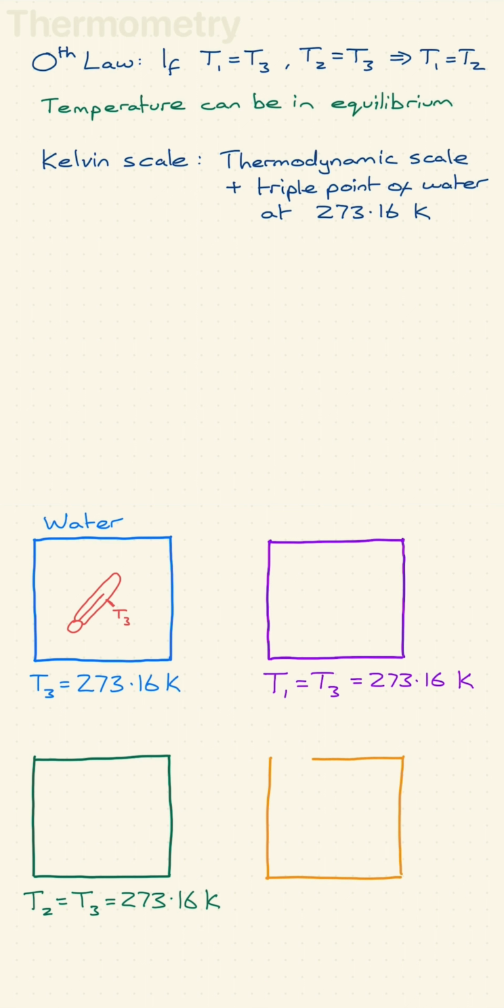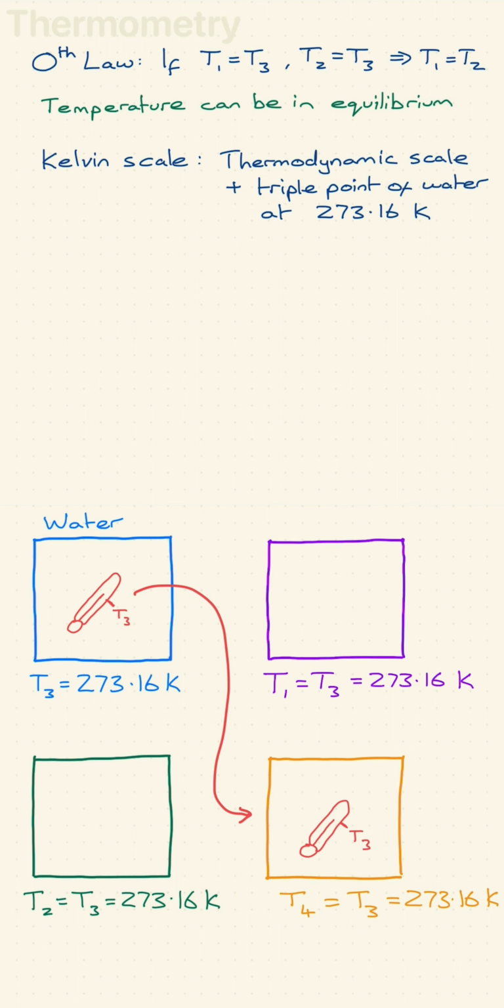If I take the thermometer over to container 4 and put it inside, I can then measure the length of the liquid column. If it is at the marker, I know the temperature T4 is the same as temperature T3, so it is 273.16 Kelvin. That is how a thermometer works.